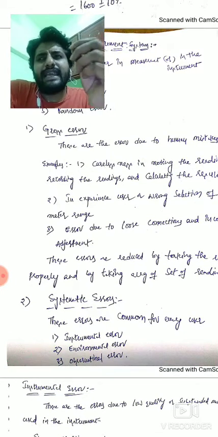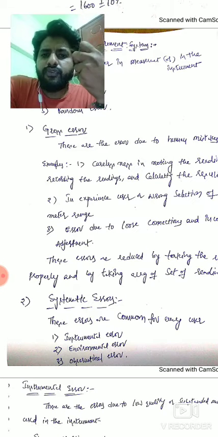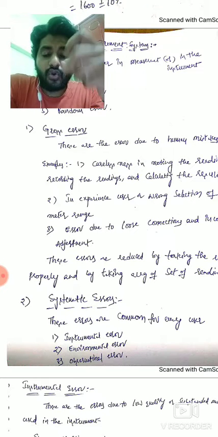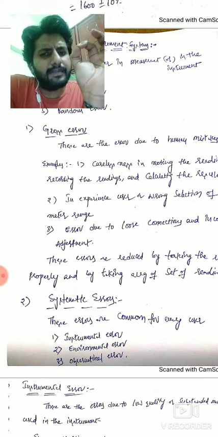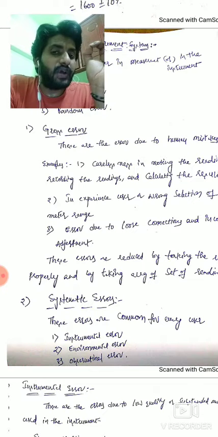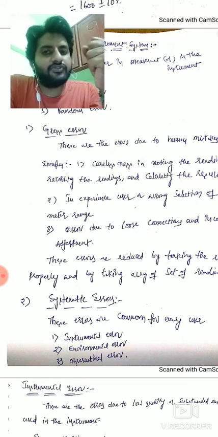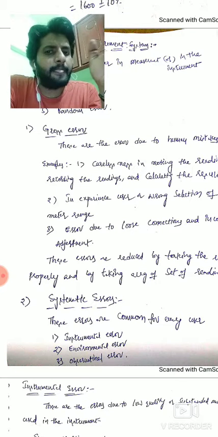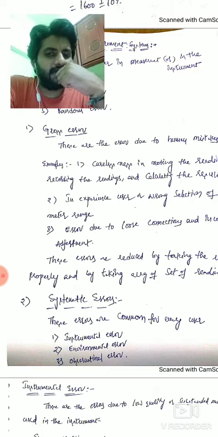The second one is the inexperienced user. That means if you take the wrong meter, for example if you want to measure a true value of 10 volts and you take a 0 to 100 volts voltmeter, definitely your limiting error will be very high. When you go toward full scale, the limiting error keeps decreasing, right?